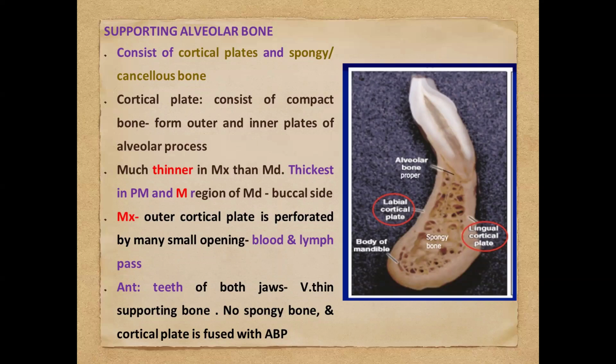They are thickest in the premolar and molar region of the mandible, particularly on the buccal side. In the maxilla, the outer cortical plate is perforated by small openings, which carry the blood vessels and the lymph. In the anterior teeth of both the jaws, the plates are very thin, there is no spongy bone, and the cortical plate is fused with the alveolar bone.